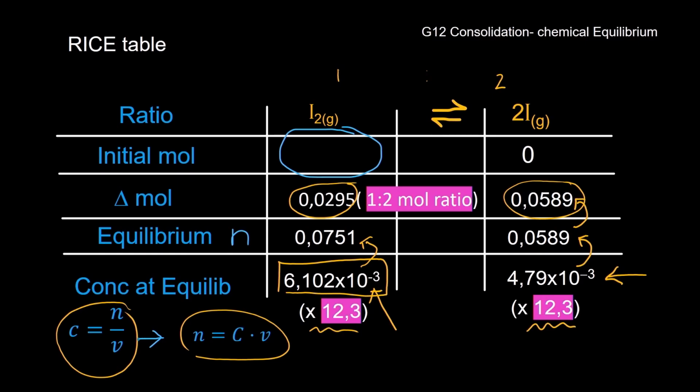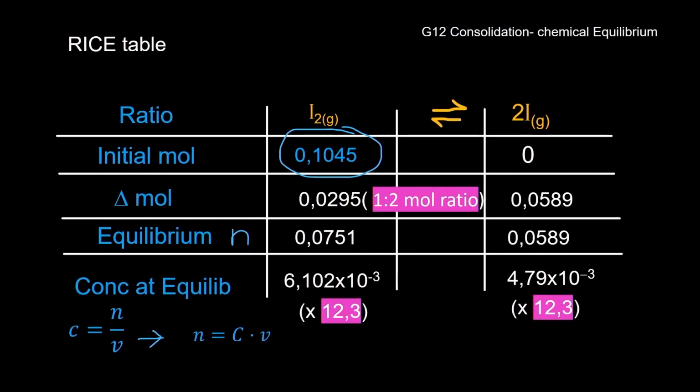So we now have figured out the number of moles of iodine molecule that is used up in this reaction. And that helps us because now we can calculate the mass, because that was the question: what is the mass of iodine molecules that is used up? So our initial number of moles, once we've gone through our calculations, is 0.1045.